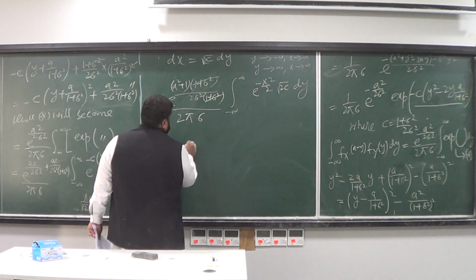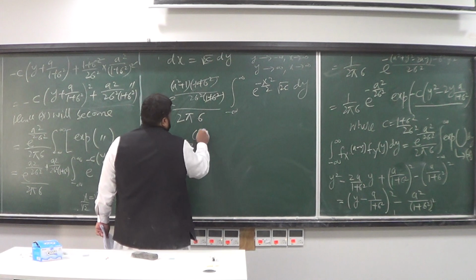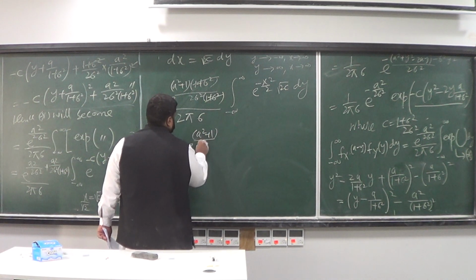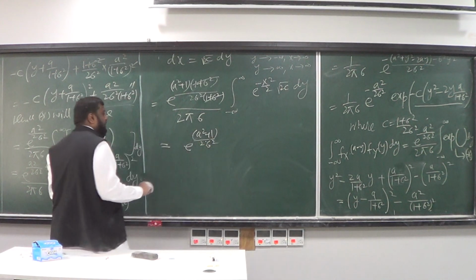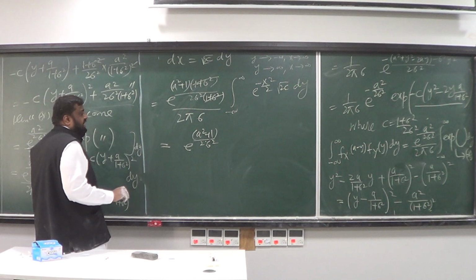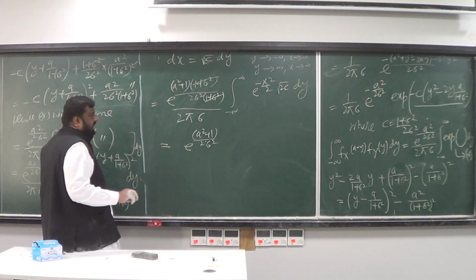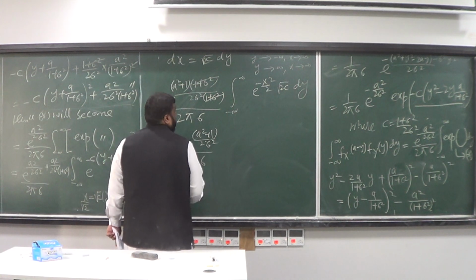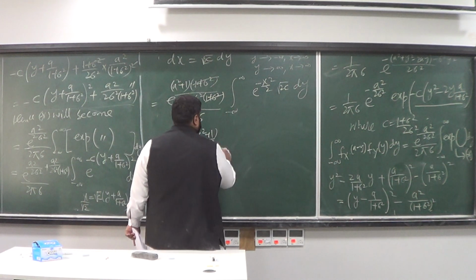So you have e to the a square plus 1 over 2 sigma square. Okay, this is what you're going to get, divided by square root of 2 pi sigma.